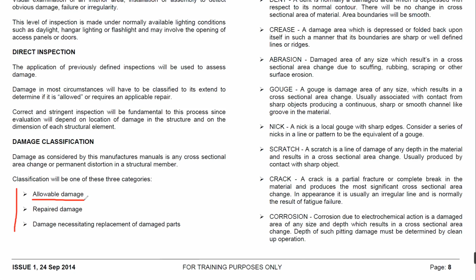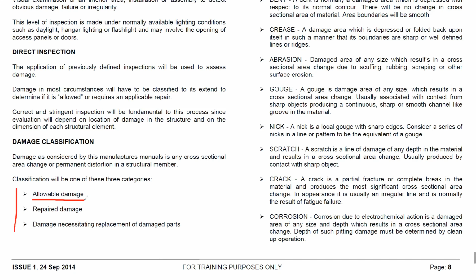You have to look for another solution, and the other solution is to repair the damage. You have to check if this type of damage in this specific area could be repaired. If it could be repaired, this is what we call repairable damage, damage that we can repair.